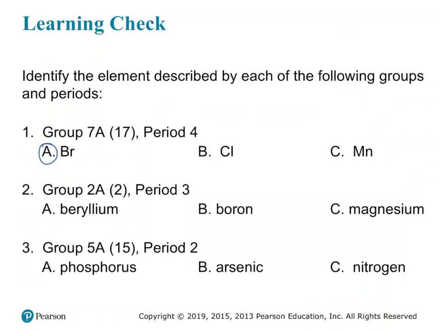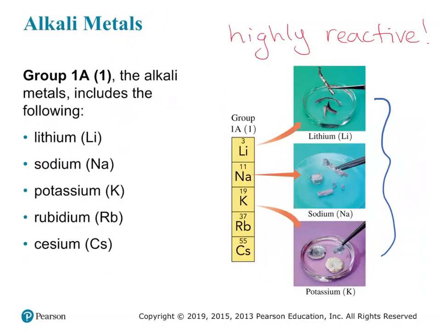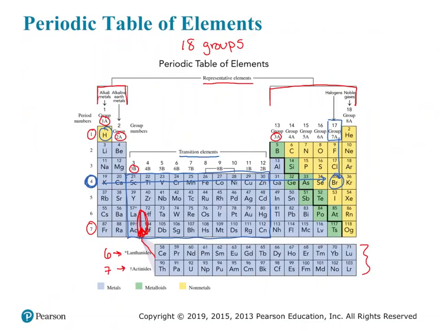All right. So now we can do the same for 2 and 3. Which element is in group 2A and period 3? So let's go back. All right, so group 2A and period 3, that gives us magnesium.